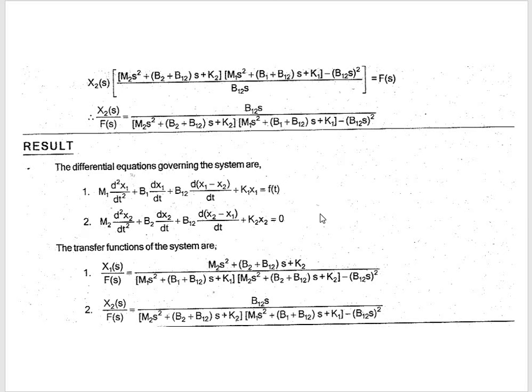So finally, we are writing the final result with respect to the two differential equations that we have obtained for the nodes m1 and m2. At the same time, we are writing the equations for the transfer functions of the system, x1 of s divided by f of s and x2 of s divided by f of s, that are raised from the given question.